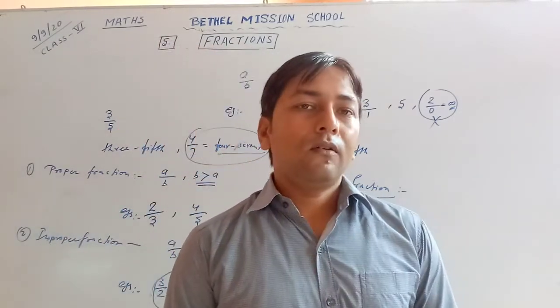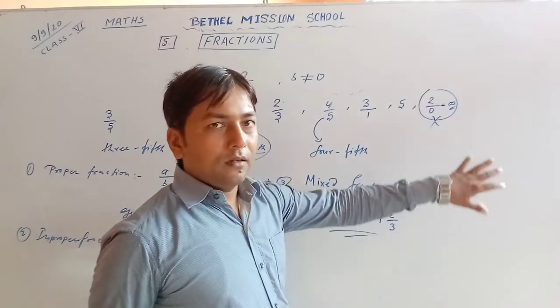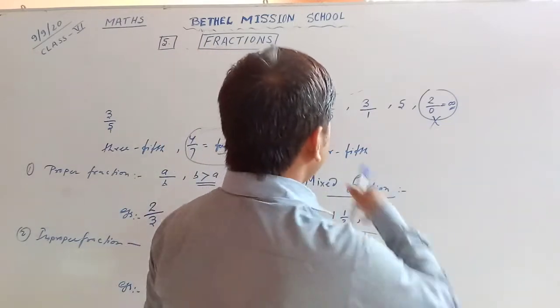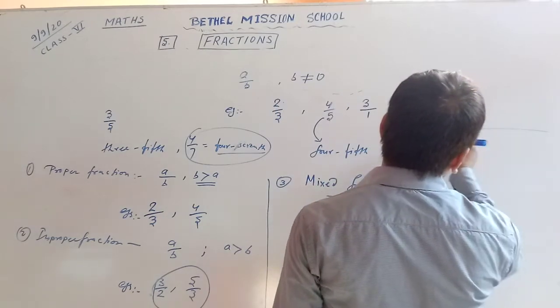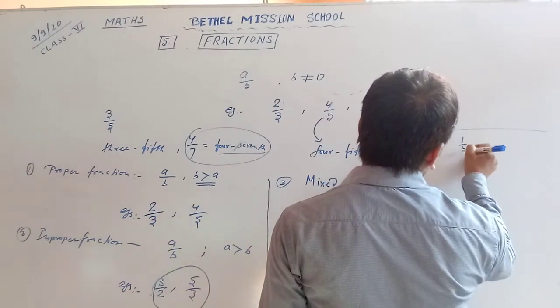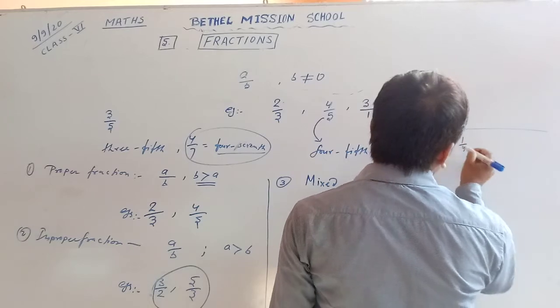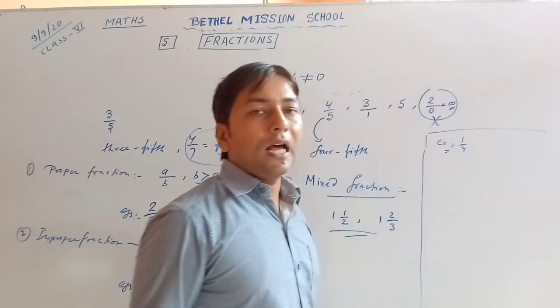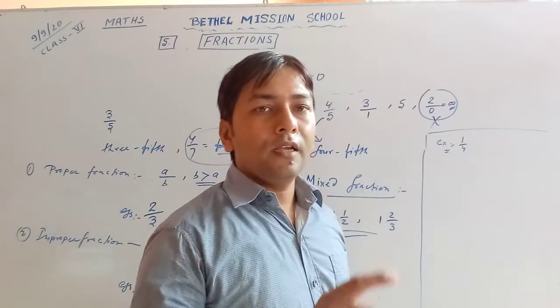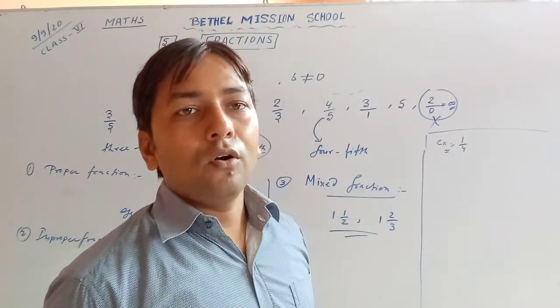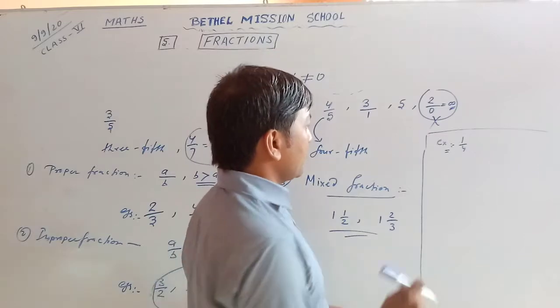Okay, now I move a little back. Suppose 1 upon 4 is given. Now how will I show 1 upon 4 by a paper or by anything?